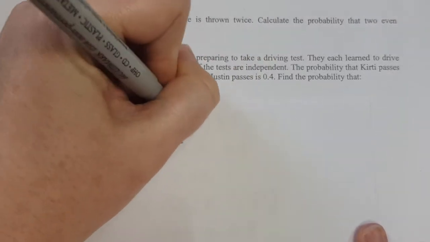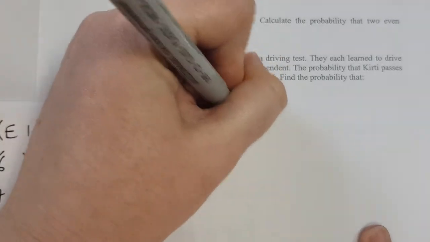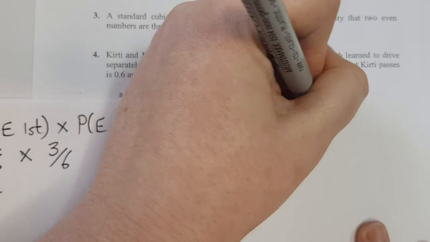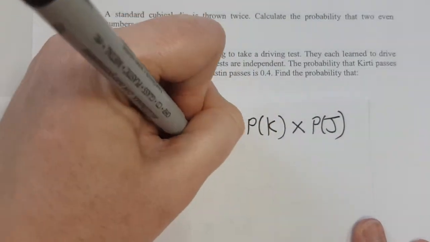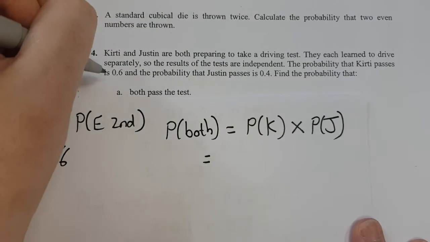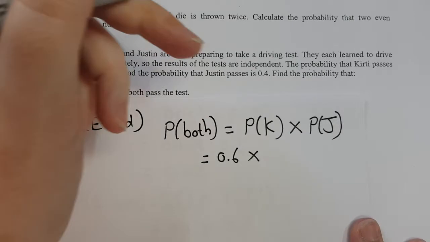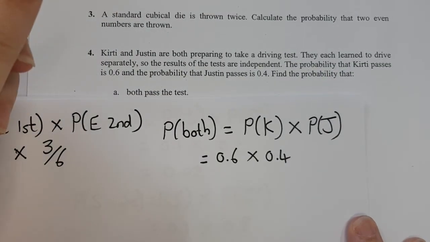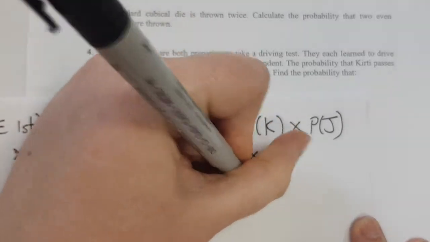So my probability of both is going to equal the probability of Kirsty and the probability of Justin. So the probability that Kirsty passes is 0.6 and the probability that Justin passes is 0.4. So 0.6 times 0.4 gives me an answer of 0.24.